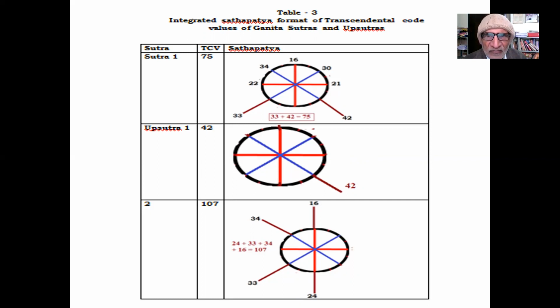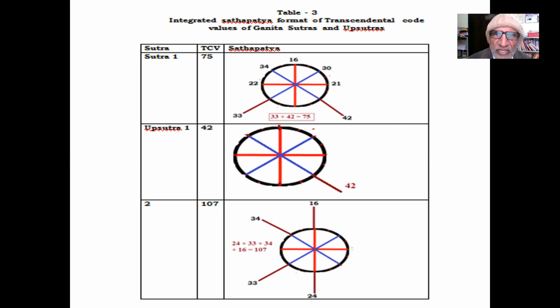One shall sit comfortably and be parallel with this organizational format feature as to how the integrated format is in fact bridging the gaps between the consecutive sutras. Sutra 1 as of 75 transcendental code value, Sutra 2 of transcendental code value 107 has a gap, and it is this gap which is filled by Ganita Upsutra 1.